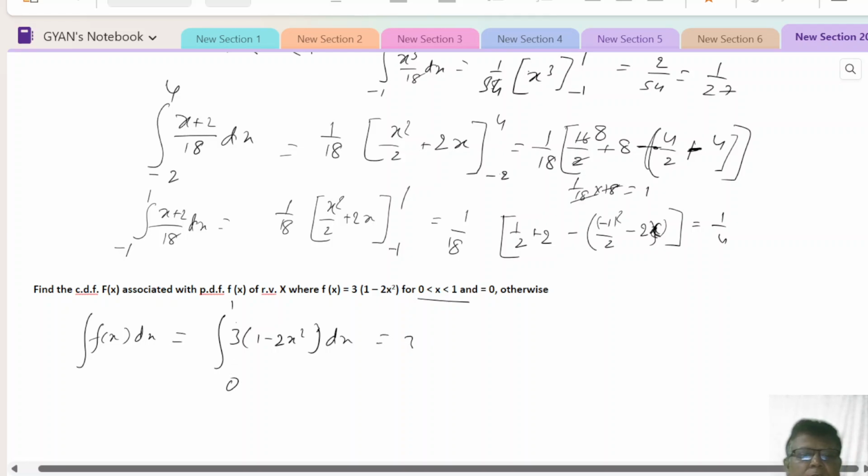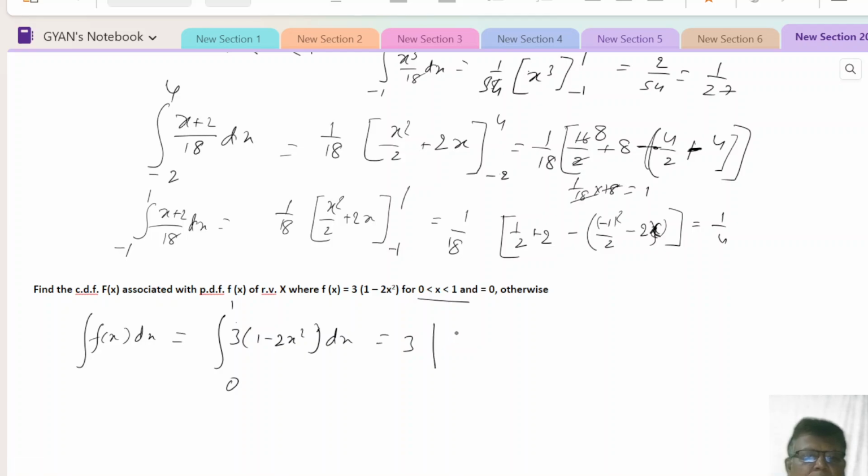So that is equal to 3 times x minus 2x cubed by 3 from 0 to 1. So that is equal to 3 times 1 minus 2 by 3. So that is equal to 1. So it's a random variable.